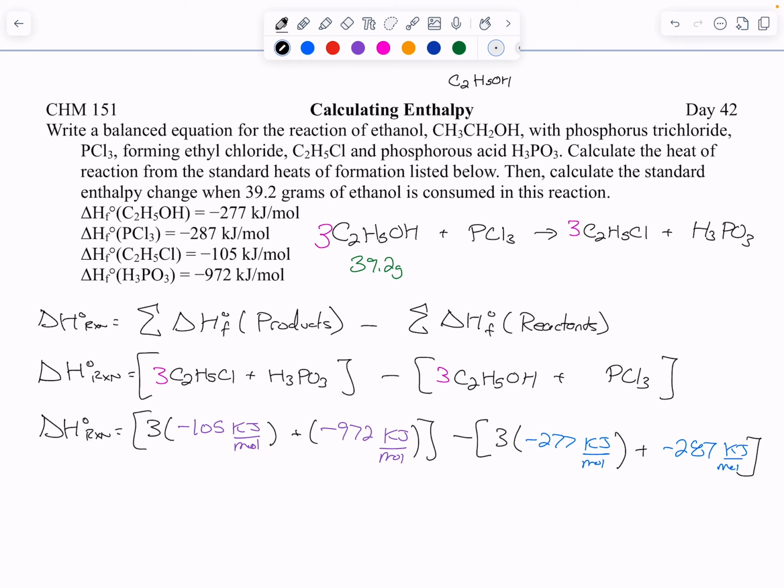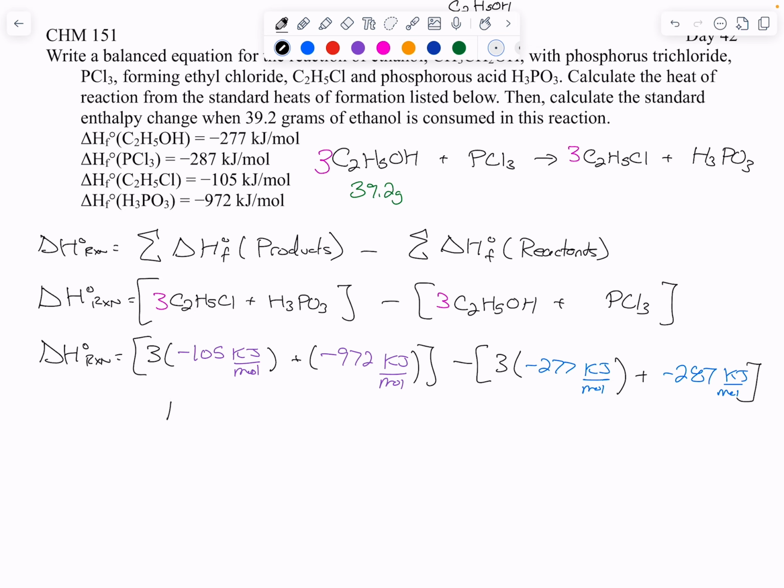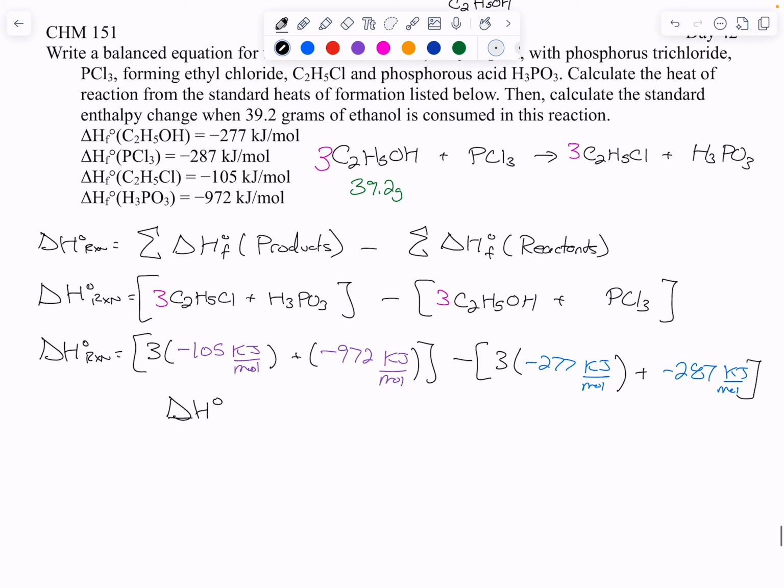All right, so if we do 3 times negative 105 plus negative 972 minus 3 times negative 277 minus negative 287, hopefully you already did this, I got delta H of the reaction equal to negative 169 kilojoules per mole.